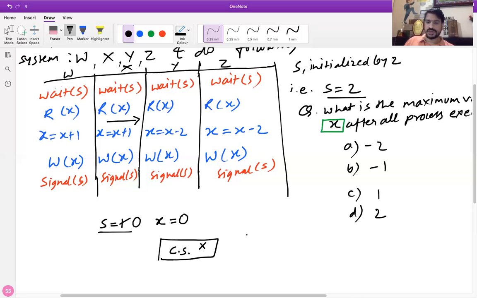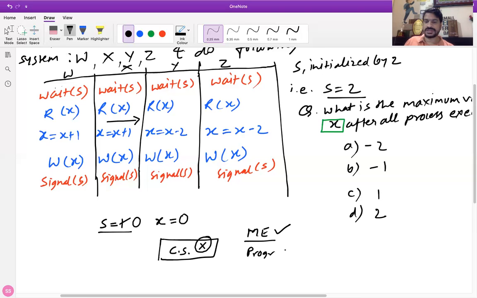So here mutual exclusion exists, because if one process is in the critical section, we do not allow another process to execute its critical section. So mutual exclusion exists, right? As well as progress also exists.